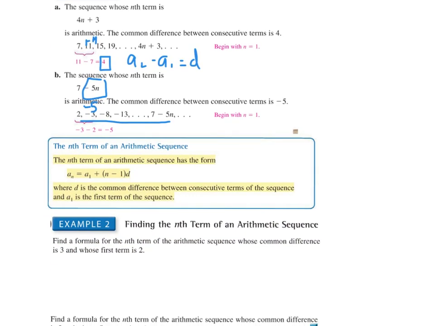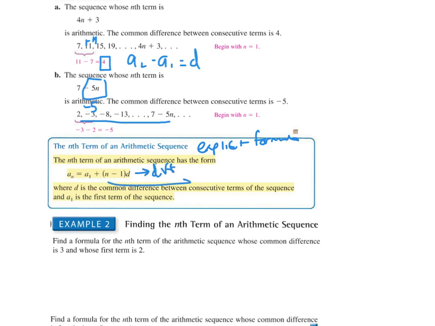When you find the nth term, or sometimes they call it the explicit formula, it's another name for nth term. What you do is, they kind of write it backwards, but this is your difference.